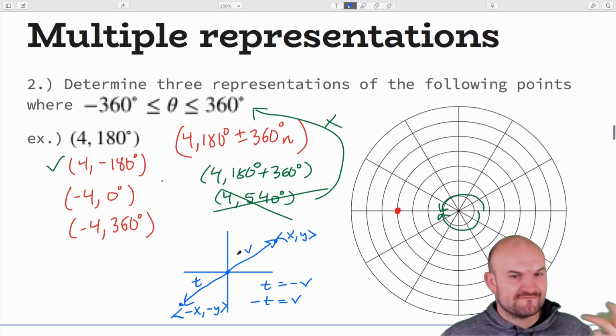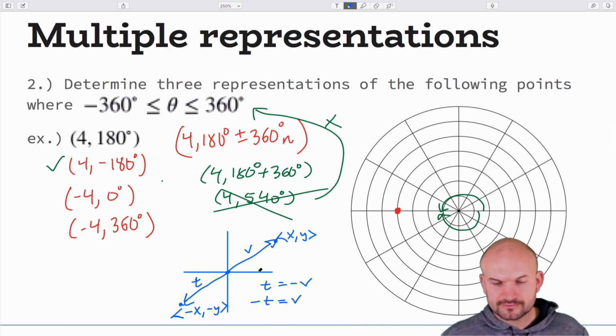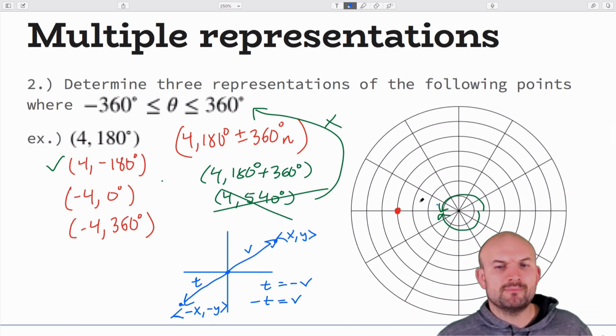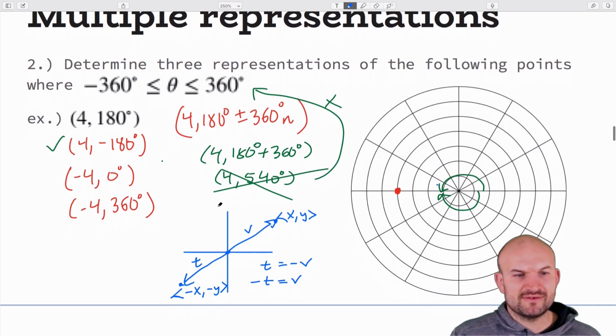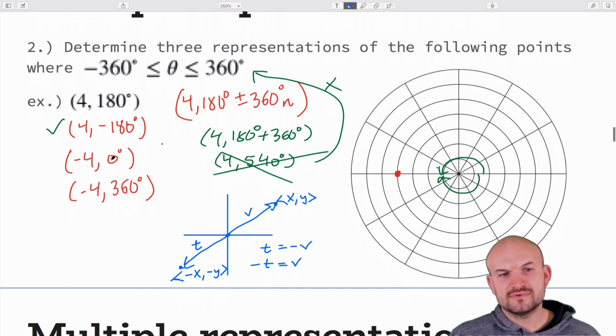Now, again, these are not vectors. That's why I did this in blue, because I don't want you to get confused. But my point here is that if you were to take the following point, 0 degrees, 1, 2, 3, 4, if I was going to do 4 comma 0 degrees, that's going to take you over here.